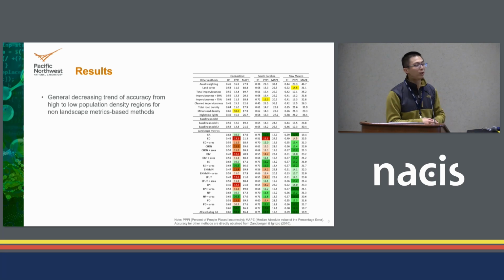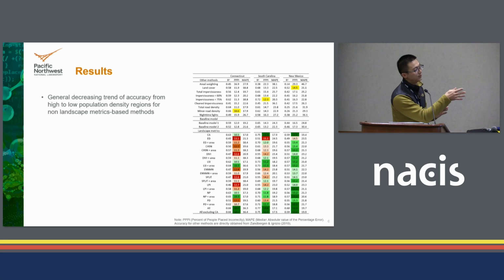But we do not find that obvious decreasing trend of accuracy for the models based on the landscape metrics. This means our landscape metrics based models are robust to changes in the population density of our studied region, which is a good thing. As you can see, the landscape metrics based accuracies do not change that much across states with different population densities.